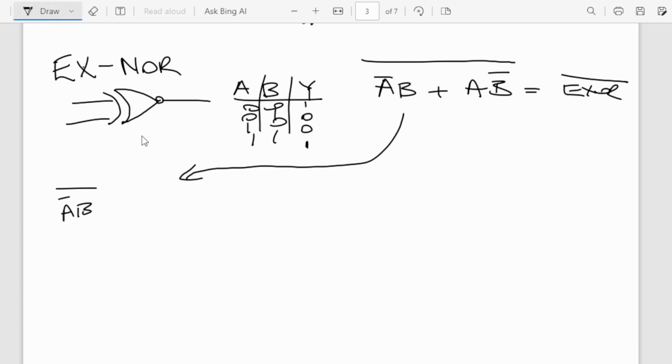So we're going to AND this with A B bar, all barred, right? Now you can see that we need to apply DeMorgan's theorem again. So applying it again for this term by itself, we end up with A bar bar plus B, right, times A bar plus B bar bar.